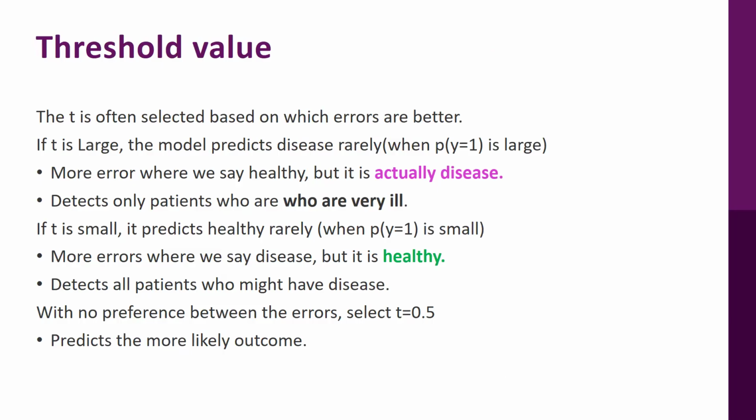And that would be a false alarm because you are classifying most healthy people as being diseased. However, if you don't have any preference between the errors, you can select t equals 50%, and that would predict the more likely outcome.